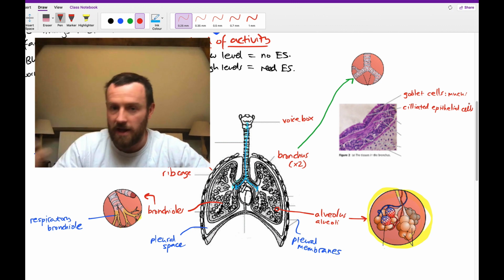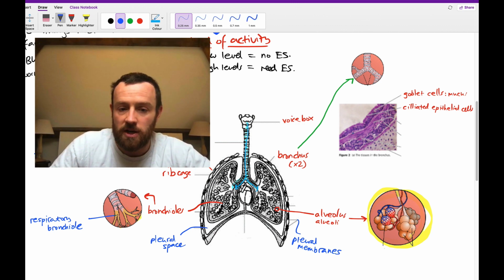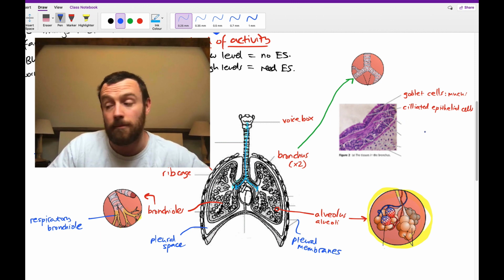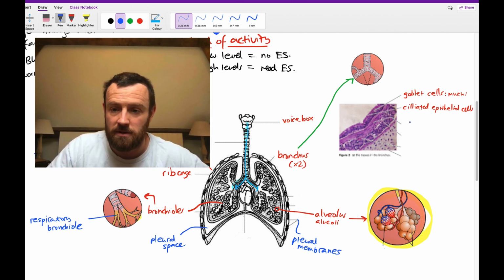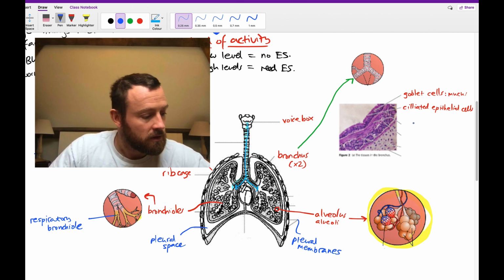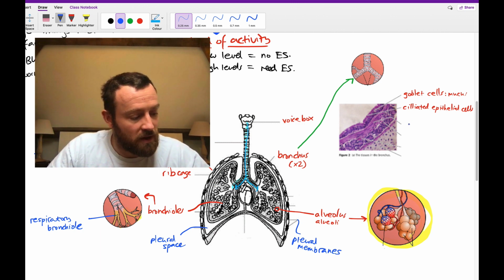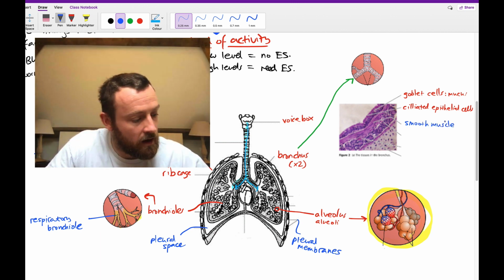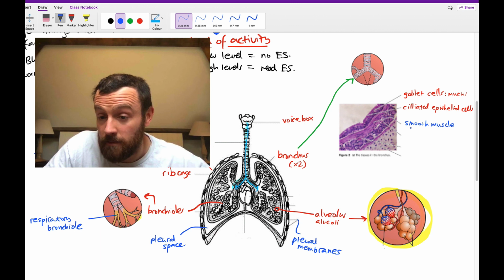What else have we got there? Well, we've also got muscle. These two things are linked to the defense systems of the body, which we're going to look at later. So we've also got smooth muscle. And that can constrict the airway.